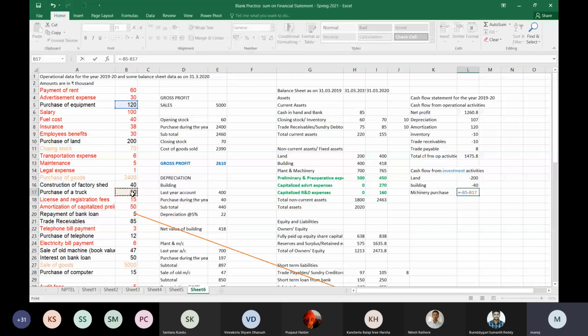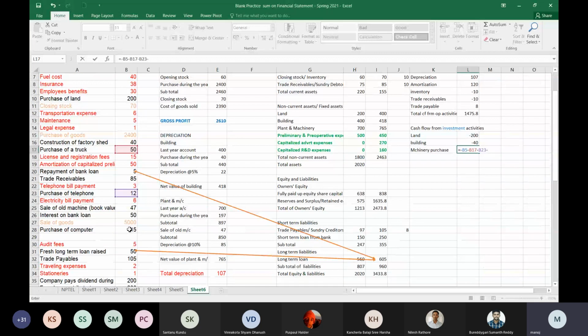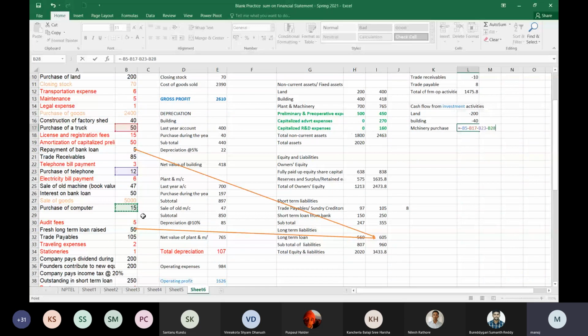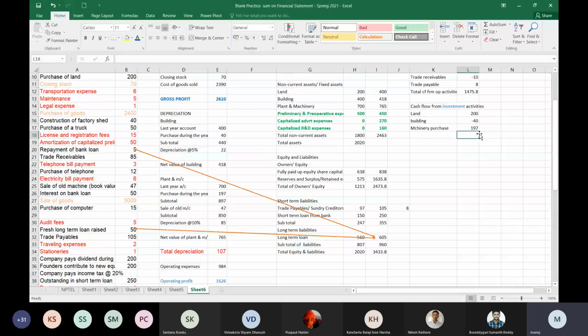Purchase of truck minus. Then telephone minus, computer. Sorry, this one. I hope there is none. So this should be the total. Everything should be in minus. So it is minus 197. Machinery is done.